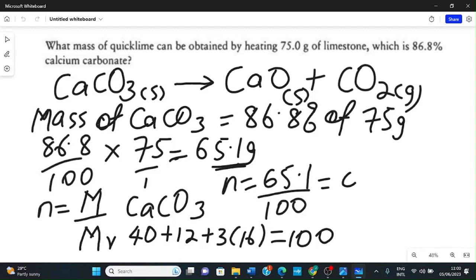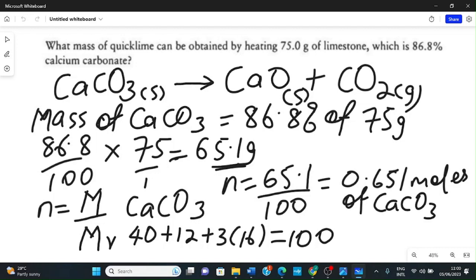We have 0.651 moles. Moles of what? Calcium carbonate. So we've succeeded in calculating the number of moles of calcium carbonate, but we're asked to calculate the mass of quicklime, which is calcium oxide.